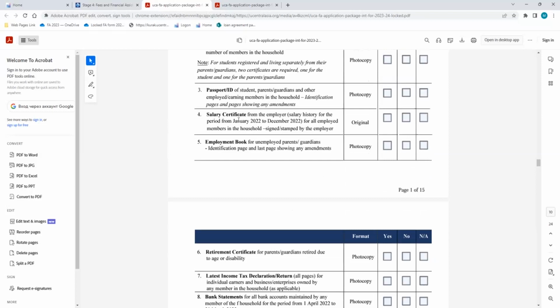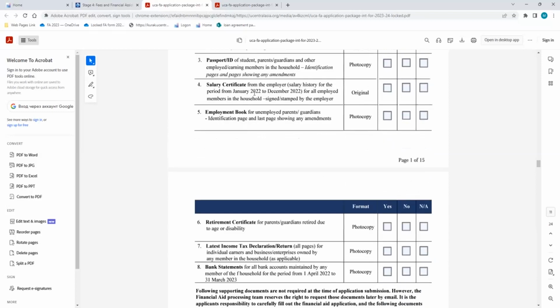So if you do remember, in my case, there were 2 earning members, means I have to submit 2 salary certificates. One is for my father and another is for my mother. And the salary history in that certificate has to be for the period from January 2022 to December 2022, means for the last year, for all employed members in the household.